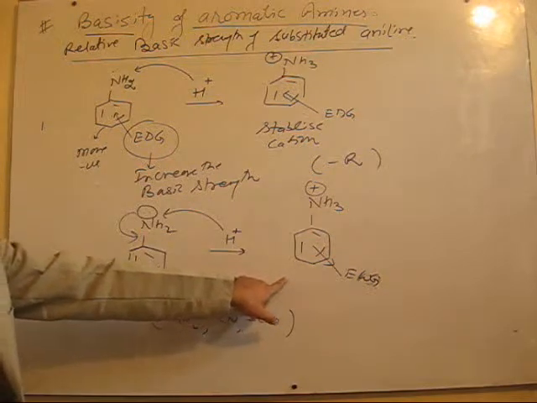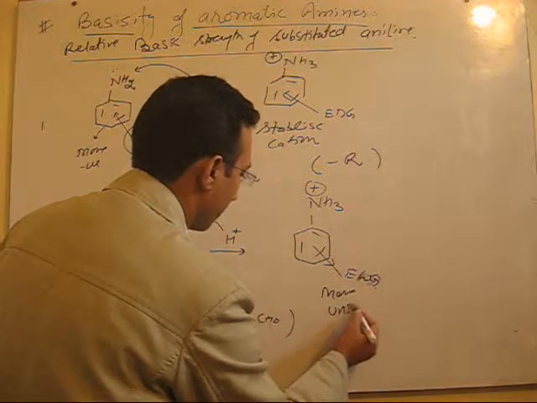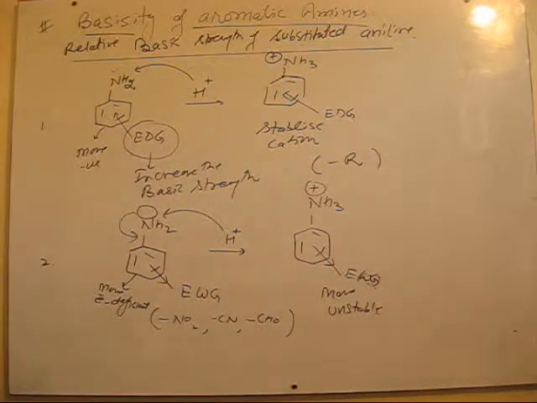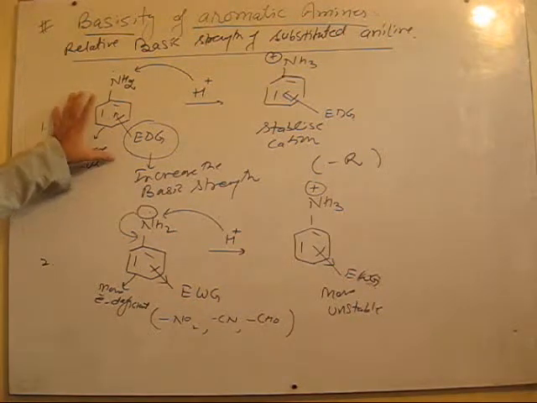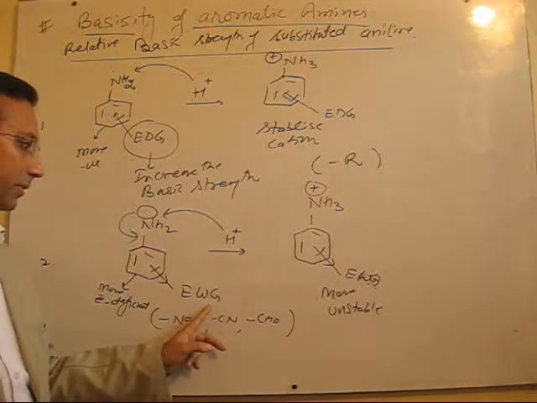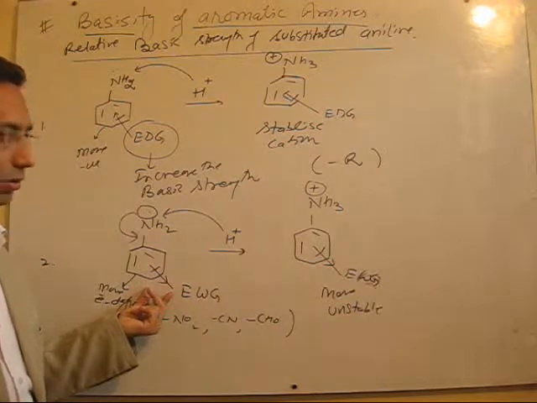As a result, they will make this ion more unstable. So we have found in general that if alkyl groups are present, it is going to increase the basic strength of aniline, and if electron withdrawing groups are present, then they are going to decrease the basic strength of aniline.